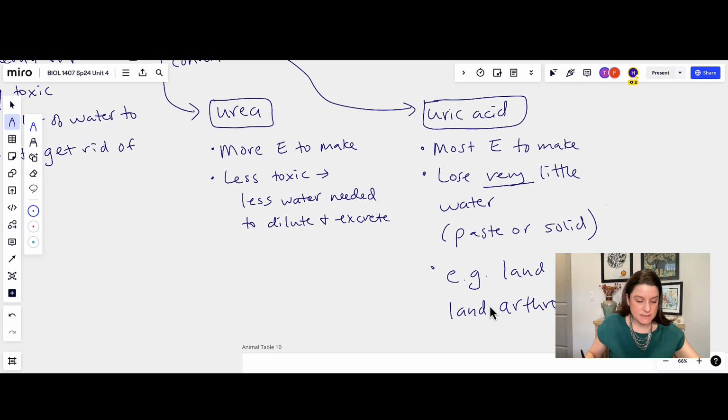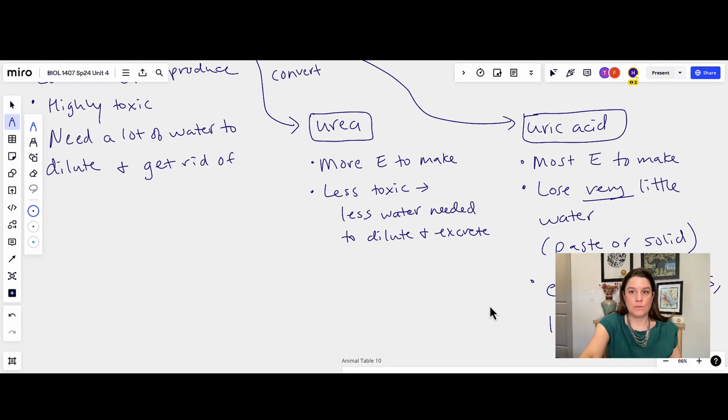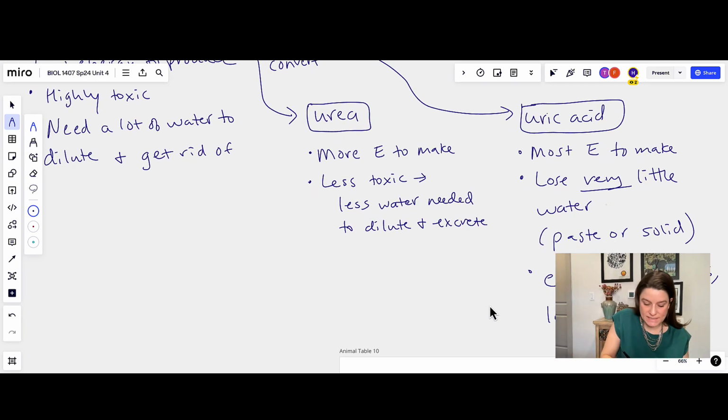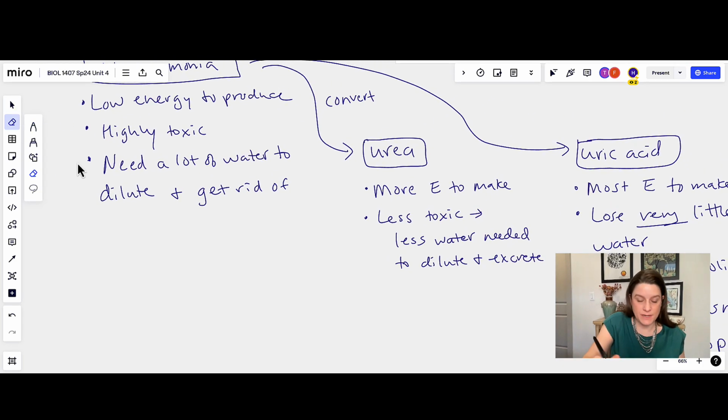There'll be spiders, insects on land. Most animals in animals 1 are going to be getting rid of this as ammonia, because they live in water.